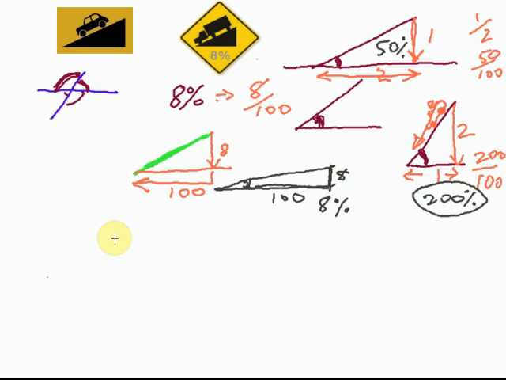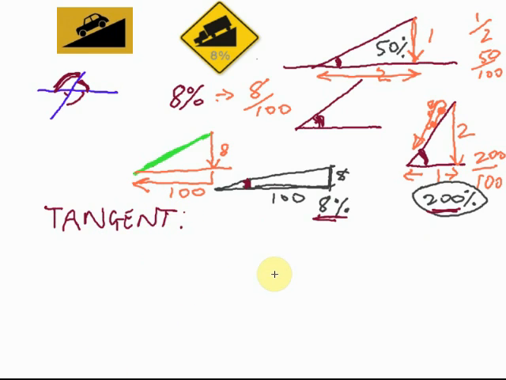So the angle here is related somehow to this number here. Now actually what we have is an expression which we call tangent. I'm just going to write it over here. T-A-N-G-E-N-T.